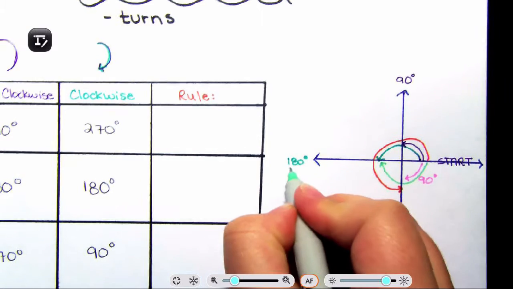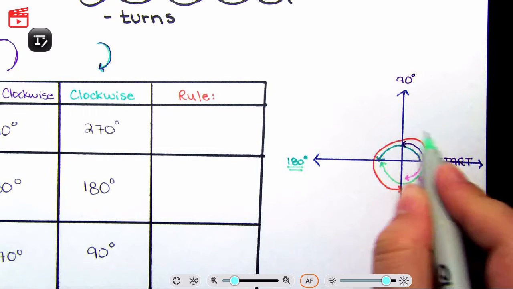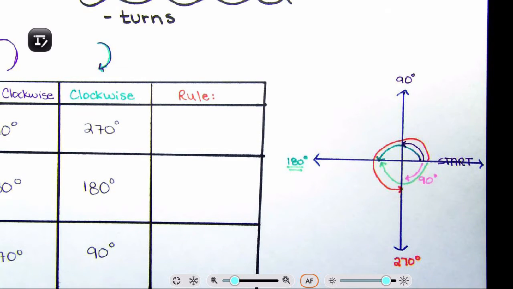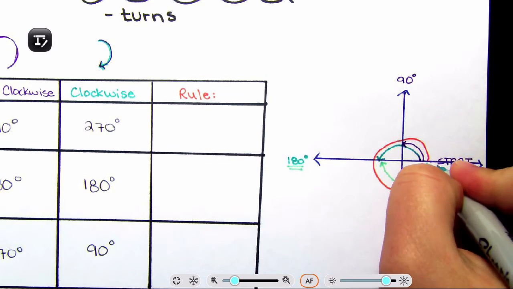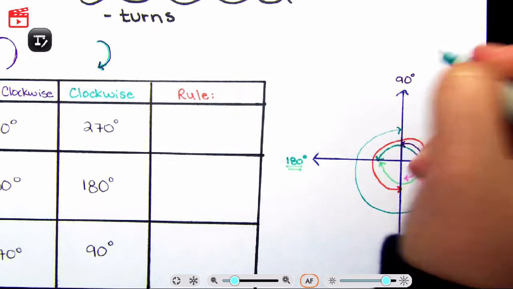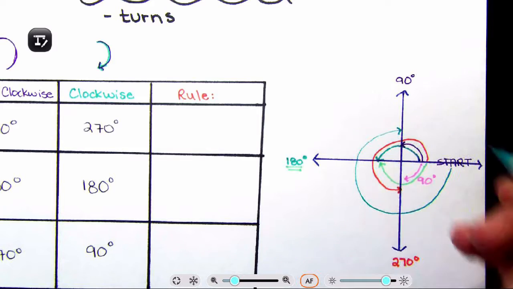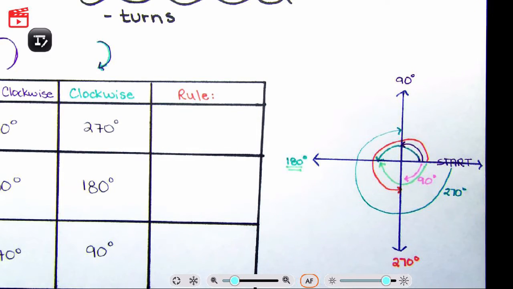Now 180 is the same: if we start here, we go clockwise, or we go counterclockwise, we still have 180 degrees. And for the last one, we have 270. If we start here and go all the way around clockwise, that's 270 degrees.